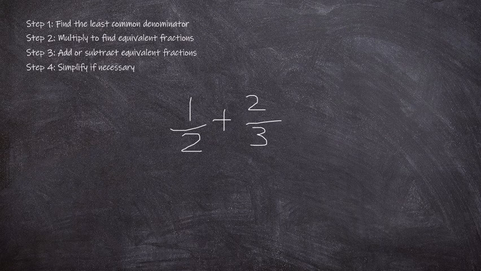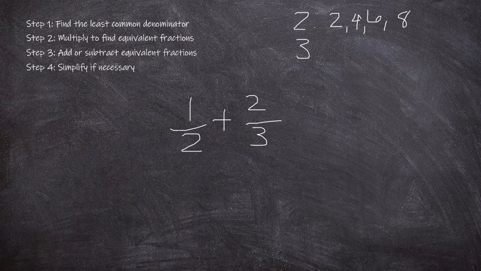Well, step 1 says that we should find the least common denominator, which is the least common multiple between both numbers. So if I know how to do my multiples, I know the multiples of 2 are 2, 4, 6, 8, and so on.